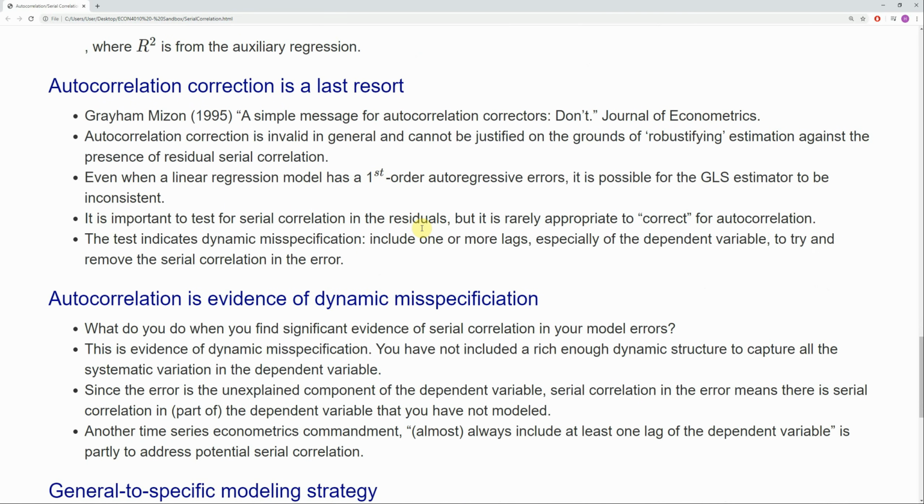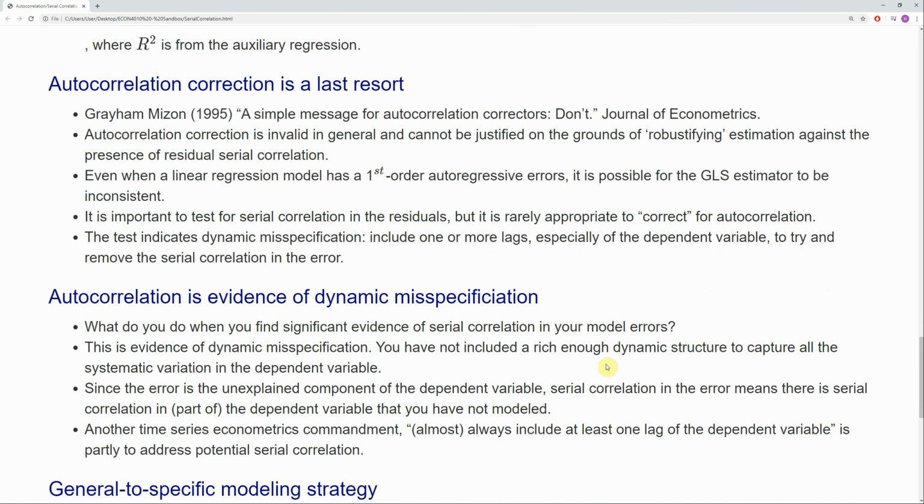So almost always you should include at least one lag of your dependent variable when you're doing time series analysis. It's really hard to assume that you're not going to bring any information from a previous point in time of your dependent variable.